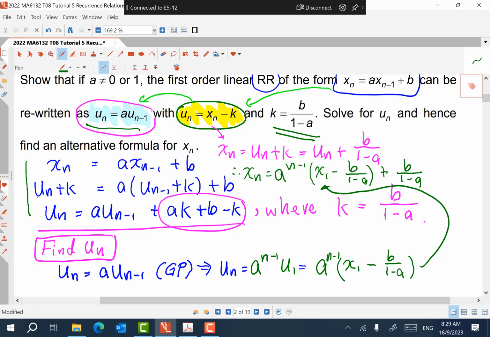This portion is to build up the argument that the K is this. That's all. The question says so. In this question, the question wants you to show, so you show that it can be done so, and K is really what the question says.